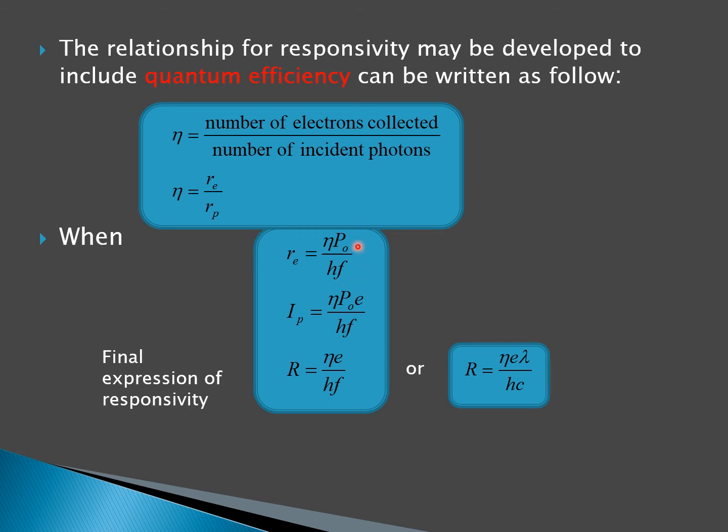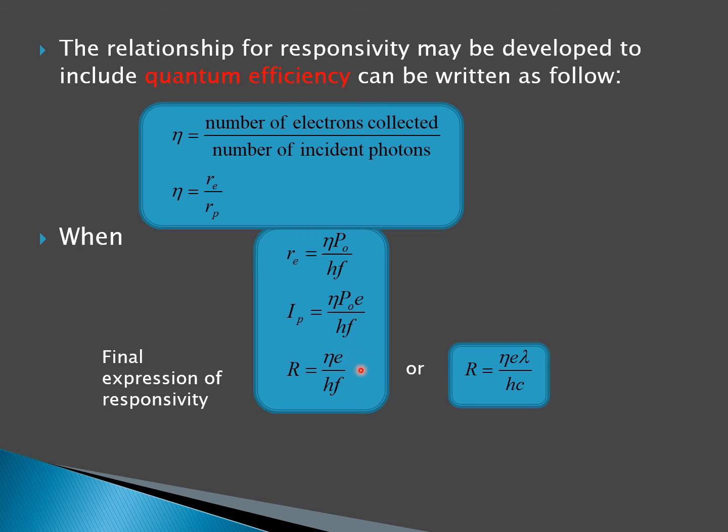P naught is the optical power, h is the Planck constant, f is the frequency. If I want to write in terms of photocurrent, the output photocurrent IP is equal to quantum efficiency times the optical power P naught times the electron charge e divided by hf.